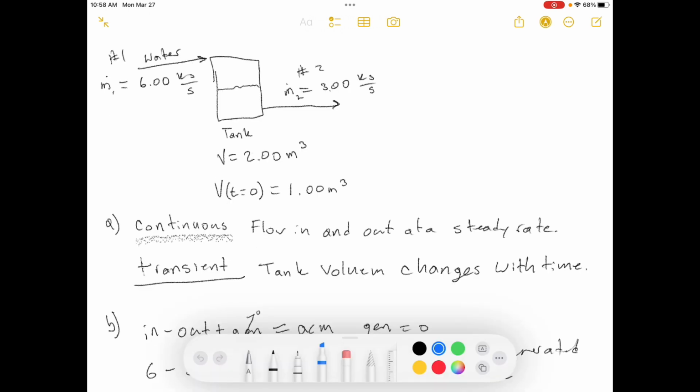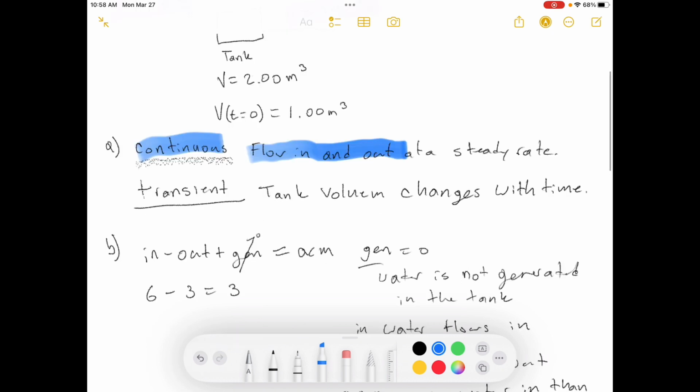So for part A, we're answering some conceptual questions. For the first part, they asked us if the process was continuous, batch, or semi-batch. Well, this process is continuous. The definition of continuous is that it has steady flow in and out. Steady flow in, steady flow out. This is a continuous process.